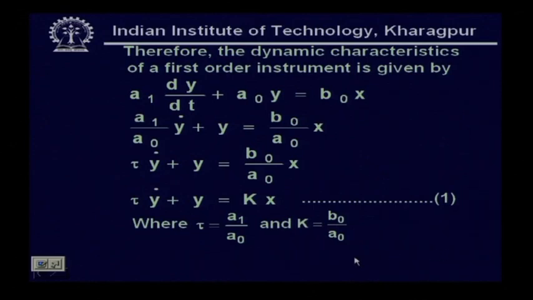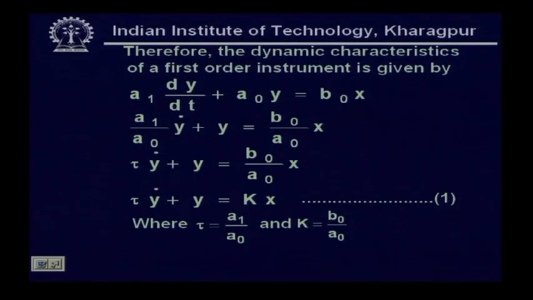Obviously, if you take an example of a thermometer, this time constant A1 upon A0 and static sensitivity B0 upon A0 depend on some of the physical parameters of the system. What are those physical parameters? That means the size of the bulb of the thermometer, the materials which you are using as thermometer liquid, all these factors will actually tell you the value of tau.